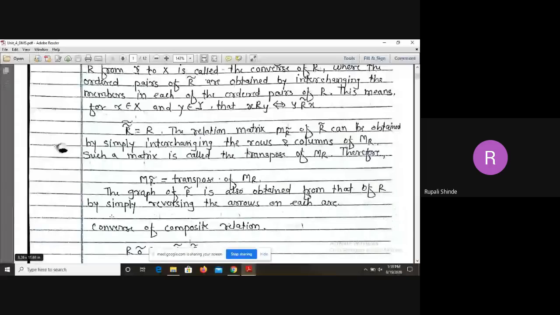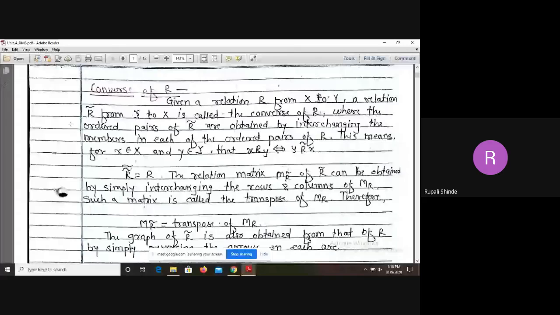Here we have seen that if relation R is given, how to find R converse. That can be found by interchanging the sequence of elements in each and every ordered pair. That is the first point. Second point, if the matrix for relation R is given, then we can find the matrix for R converse, by just interchanging rows and columns.